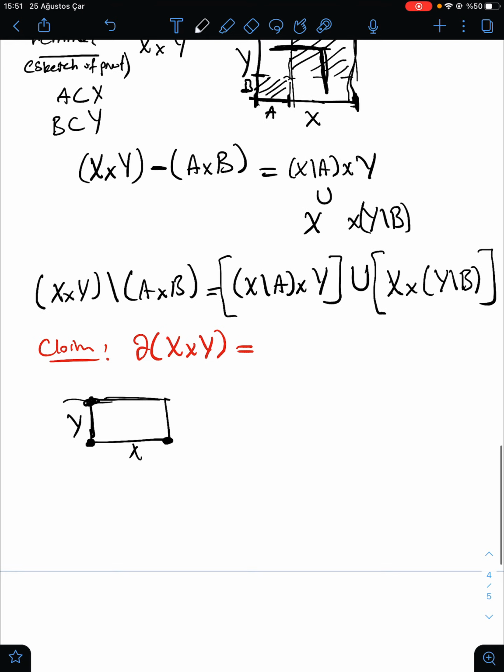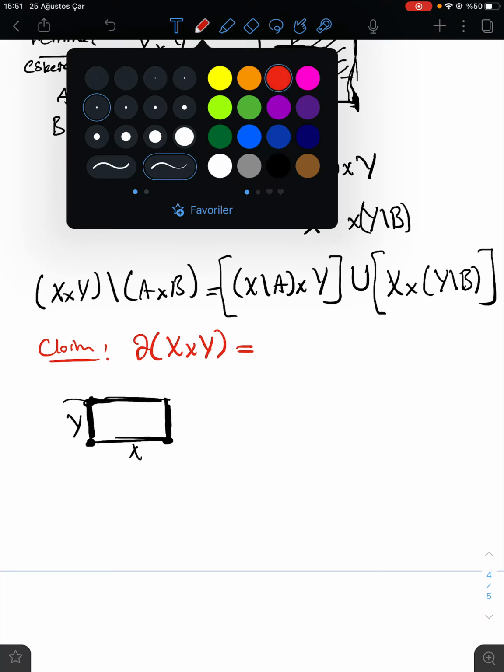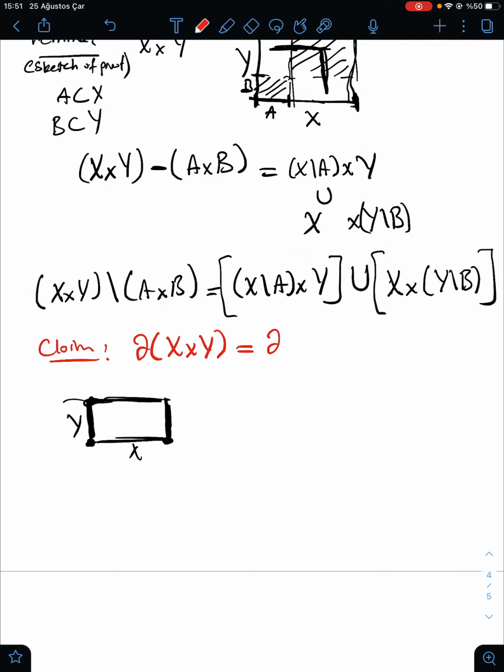You get first the boundary of X with Y, these two parts, and the boundary of Y Cartesian product with X, these two parts. So you end up with the boundary of X Cartesian product Y, union X Cartesian product with the boundary of Y.